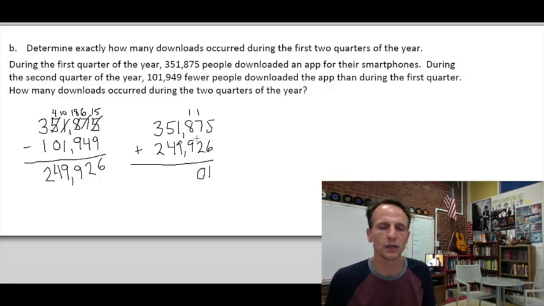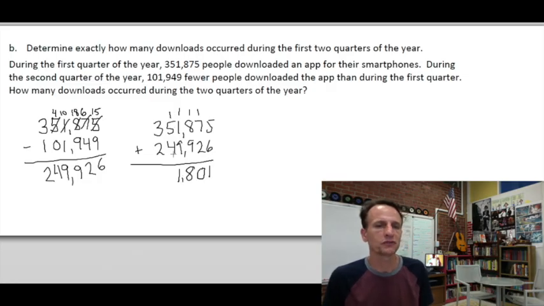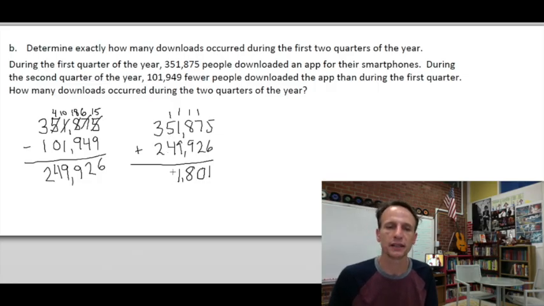Regroup the 1. And you do see a pattern here. 9 and 1 make 10. 8 more is 18. You group that 1, and there's another 9 and 1 make 10. 1 more is 11. Group that 1. Drop that comma. 1, 5, and 4. You can see 6 and 4 and 5 and 5 make 10 again.